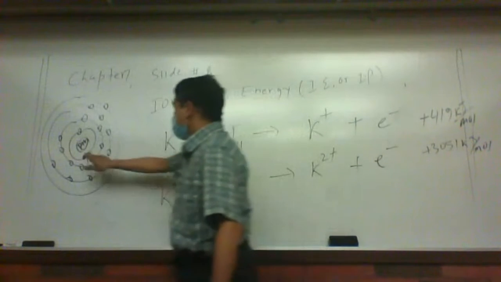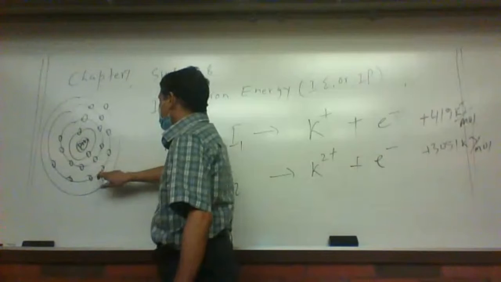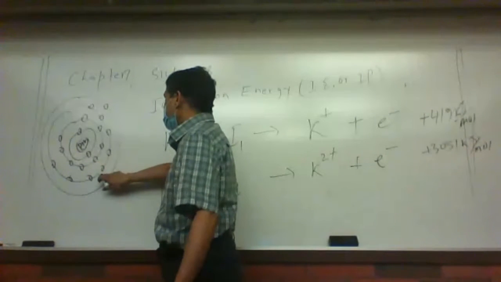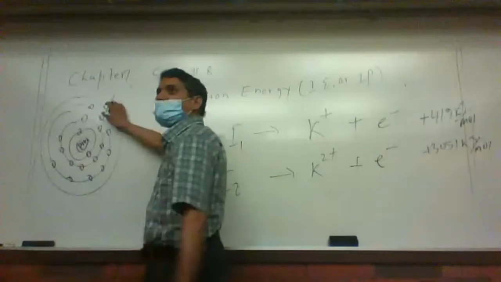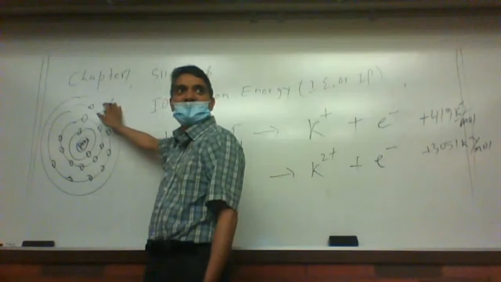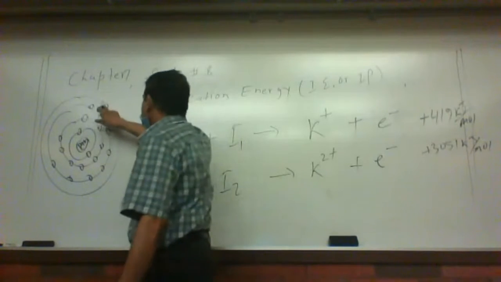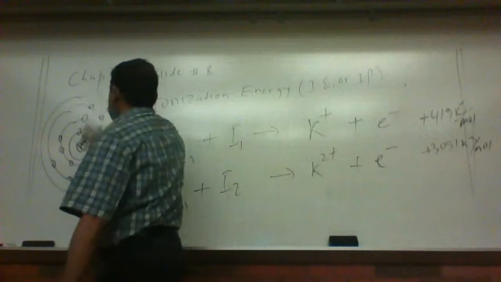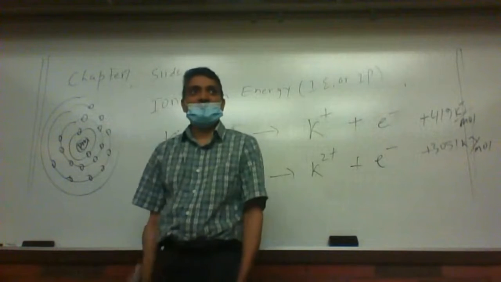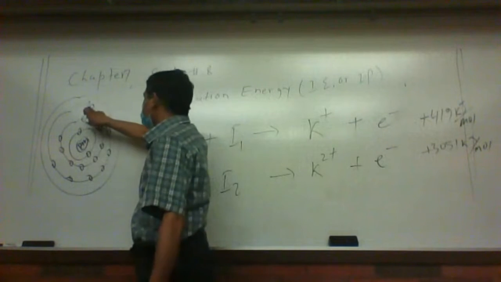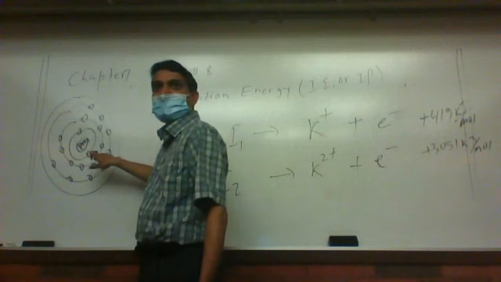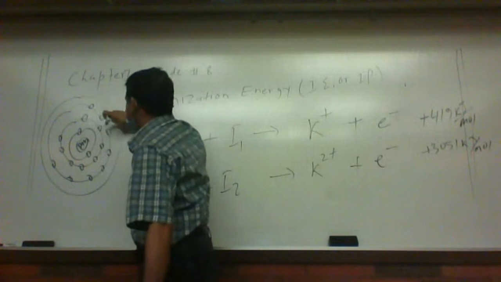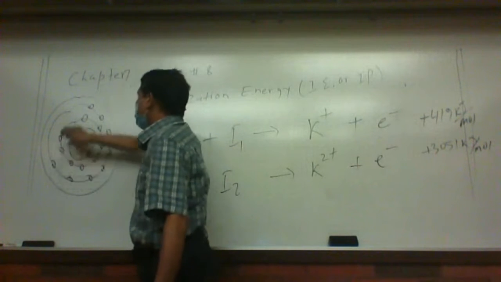I'm talking about the outermost electron first, right? So to remove this electron, I just need 419. When I remove this one, where should I remove the next electron from? I need to remove an electron from the inner orbit, right? The inner orbit is already full: 1, 2, 3, 4, 5, 6, 7, 8.